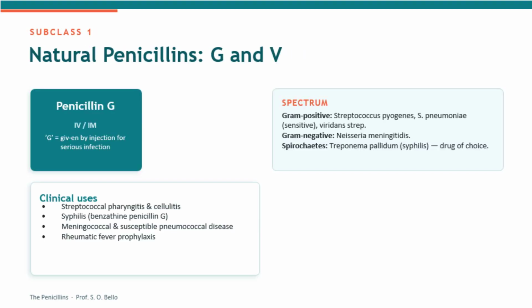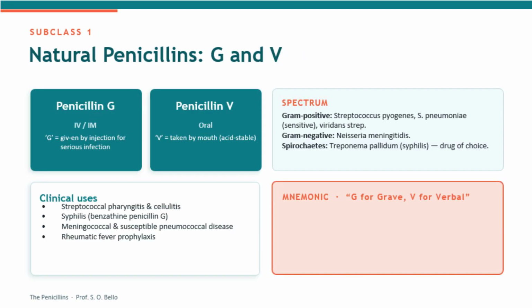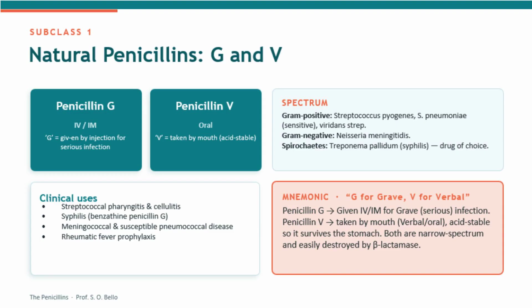Let's start with the original agents. The natural penicillins, penicillin G and penicillin V. The crucial difference between them is the route. Penicillin G is poorly absorbed orally and is given by injection, intravenously or intramuscularly, for serious infections.